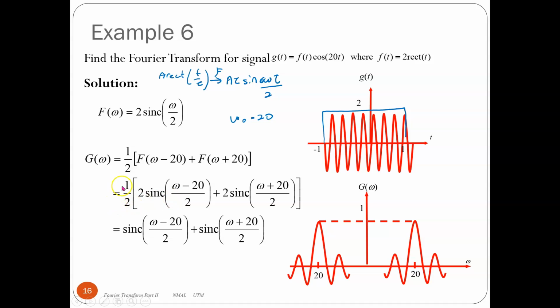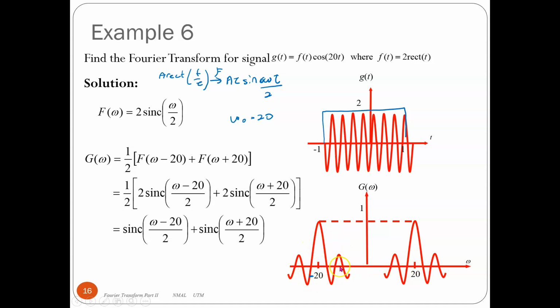So for this we will get sinc((omega minus 20) over 2) plus sinc((omega plus 20) over 2). When you want to plot this G(omega), this is the sinc of omega minus 20, which is at the positive side, and this is at the negative side, plus sinc of omega plus 20 divided by 2.